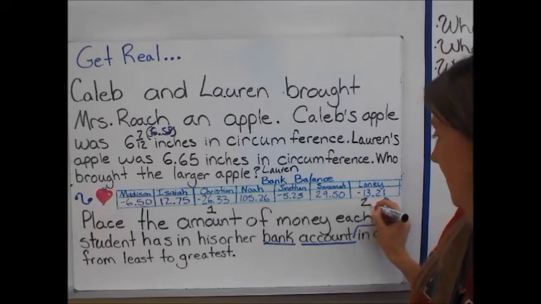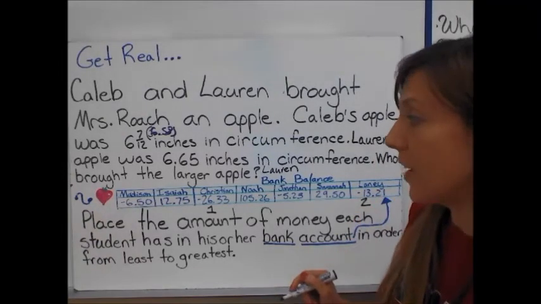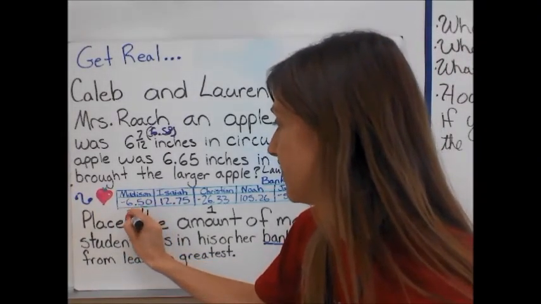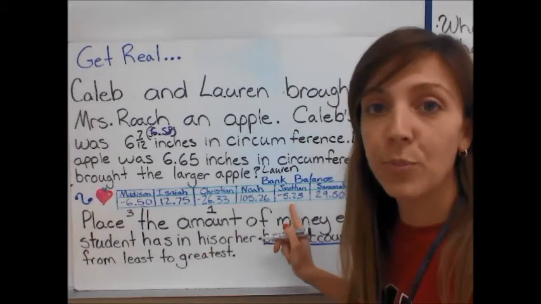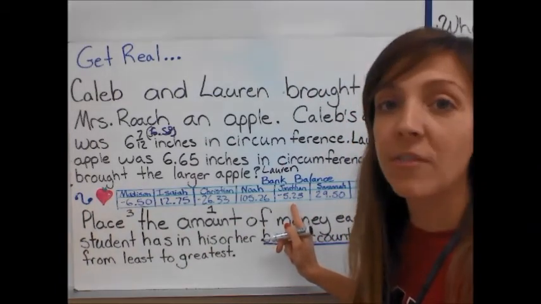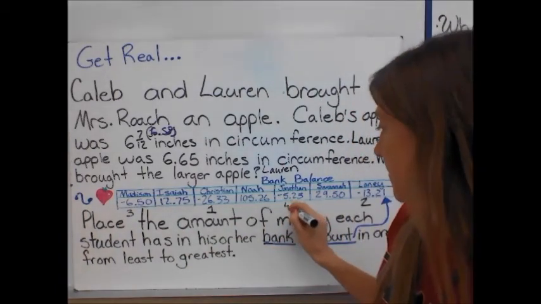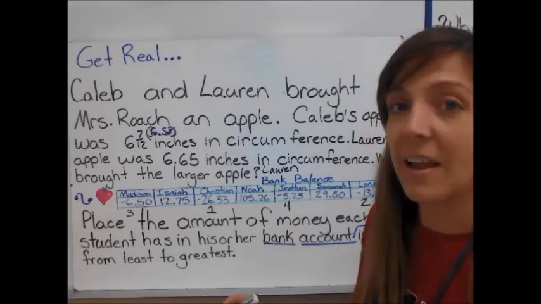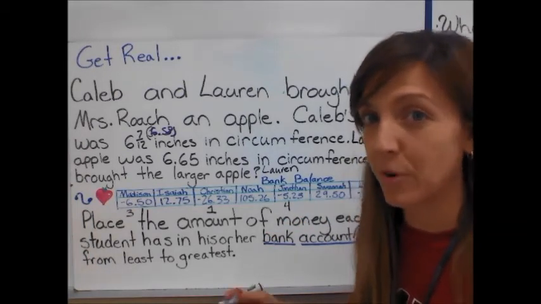Third would be Madison, owing $6.50. Then Jonathan, owing $5.23. Okay, now we're starting to move into our larger numbers, our positive numbers.